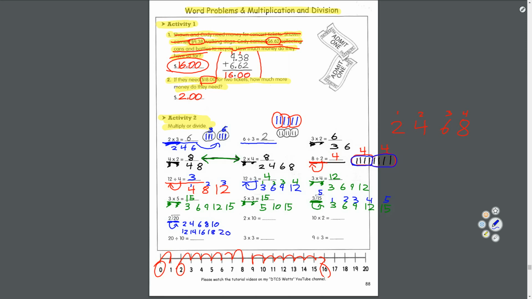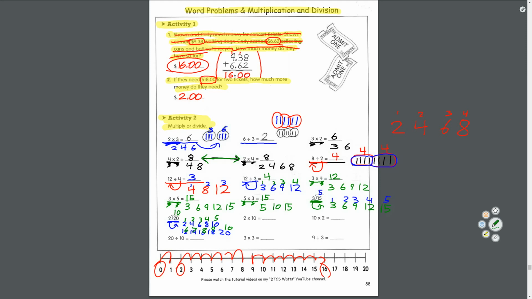That's a lot. How many times did we skip count? 1, 2, 3, 4, 5, 6, 7, 8, 9, 10 times. So 20 divided by 2 equals 10.